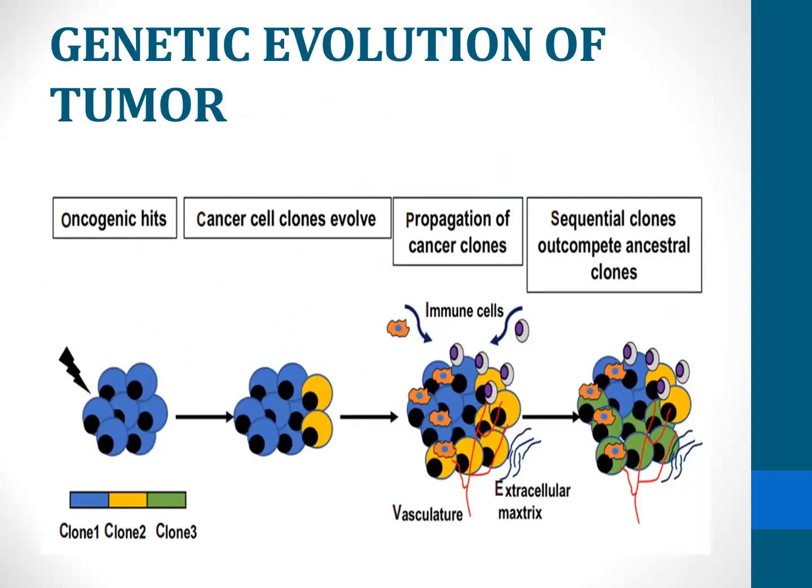As we discussed earlier, initially when a tumor is formed, it is composed of copies of a single mutated progenitor cell. Initially, a tumor is monoclonal. However, as it gradually accumulates more mutations, it evolves and later on it becomes heterogeneous.